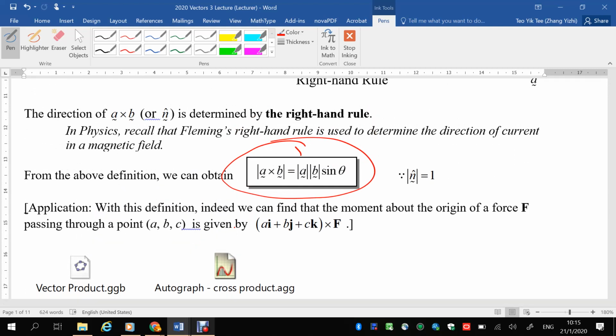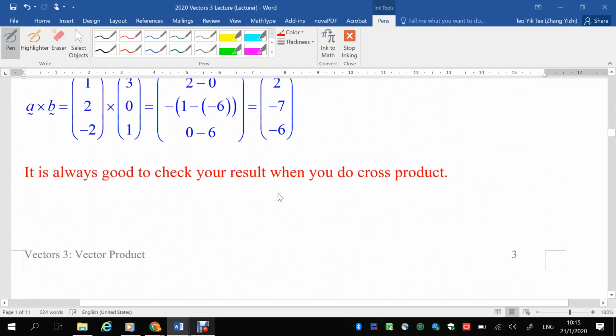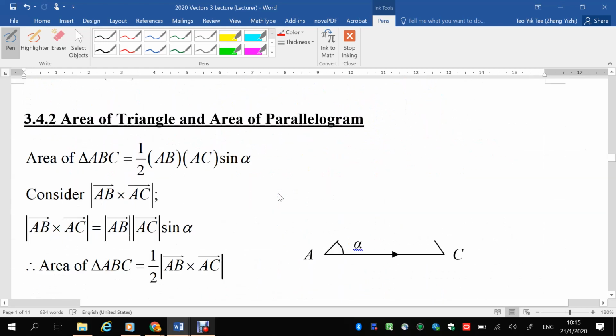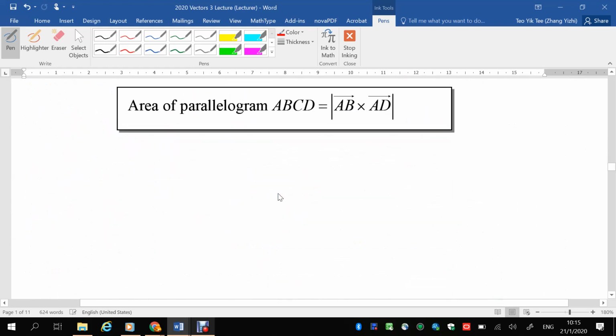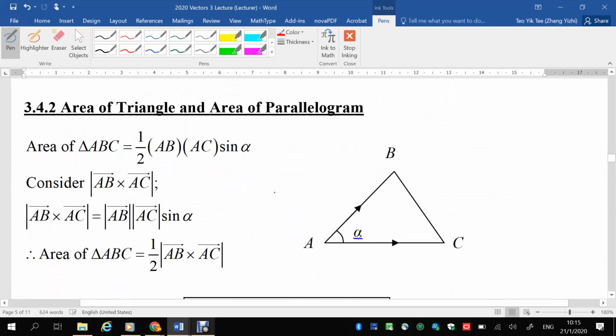Isn't that the triangle formula? So because of your cross product equation, the area of a triangle is actually just half of A cross B. Finish. So if I ask you to give me the area of triangle ABC, it is basically just half of AB cross AC.